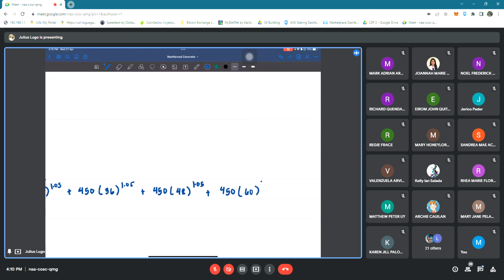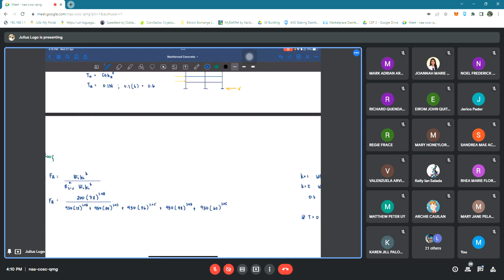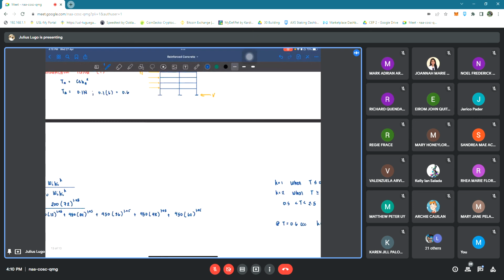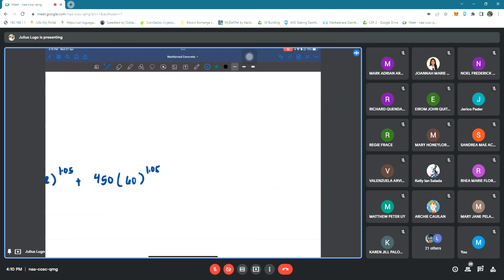Raised to 1.05. Kasi yung ating fifth level, or like, the level 5, the sixth floor is actually, the floor of the sixth level is 60 feet above the ground, plus 200. Okay, the roof now.